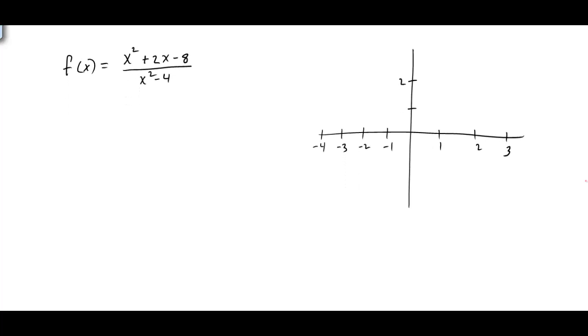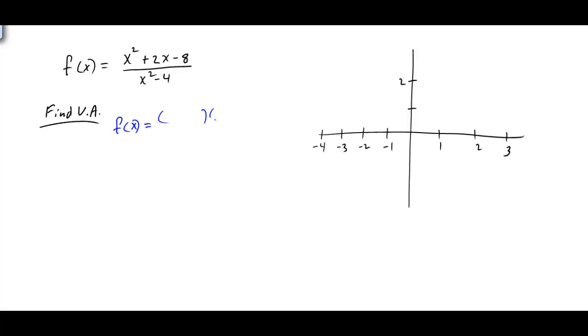If we look at the function here, we have x squared plus 2x minus 8 divided by x squared minus 4. And if I said I want you to find the vertical asymptote, well, how could we do that? One of the easiest ways is we could simply take our function and factor.